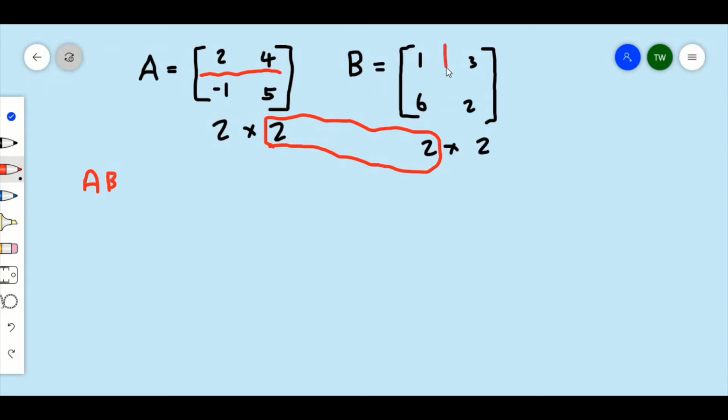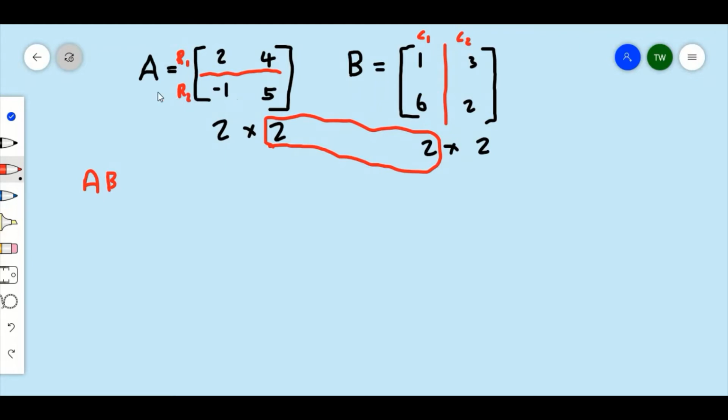So let's divide this here, and you can see column 1, column 2, right? So we can put C1 for column 1, and we can put C2 for column 2, and here we can put R1 for row 1, and we can put R2 here for row 2.